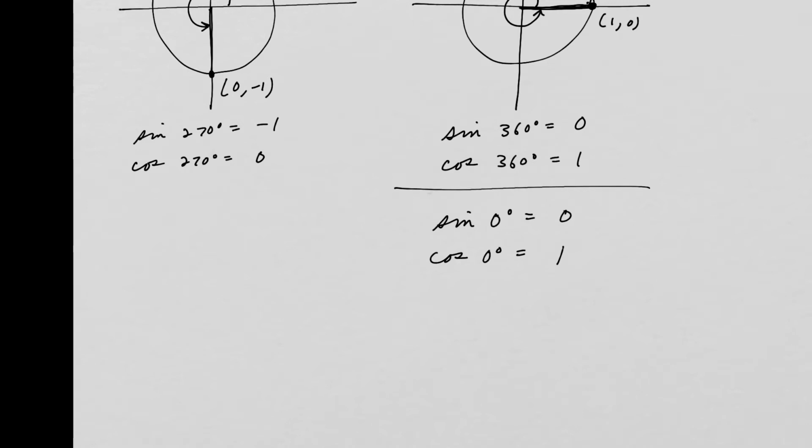Okay, now in terms of the signs of the sine and cosine for each quadrant, that just depends on the sign of the x and y values. So I have my unit circle.